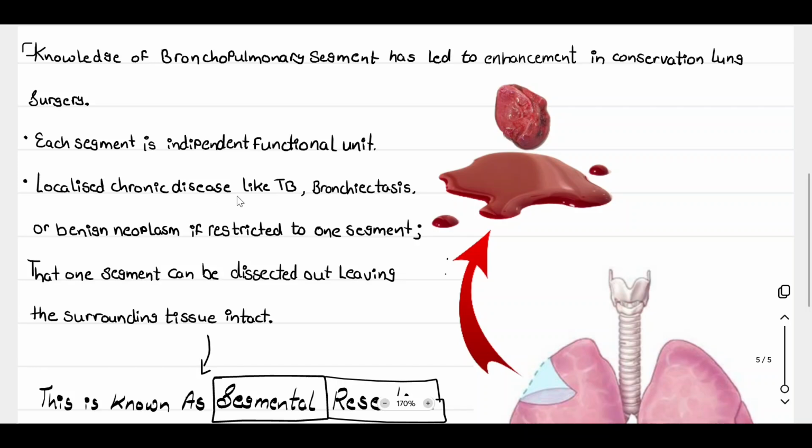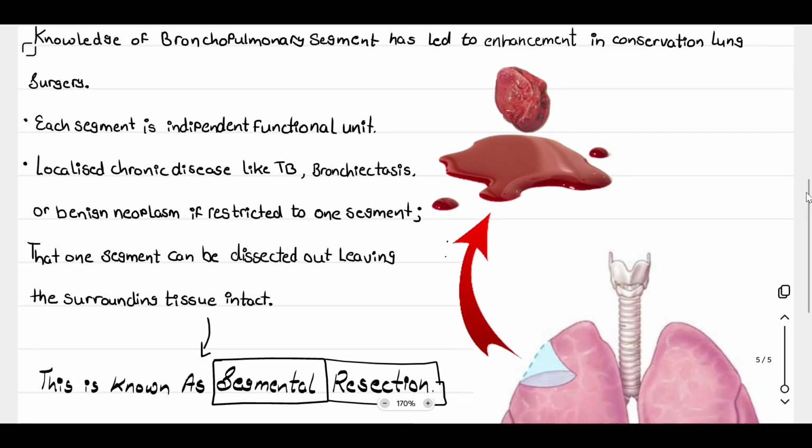So localized chronic diseases like tuberculosis, bronchiectasis or benign neoplasm, if restricted to one segment, that one segment can be dissected out, leaving the surrounding tissue intact.